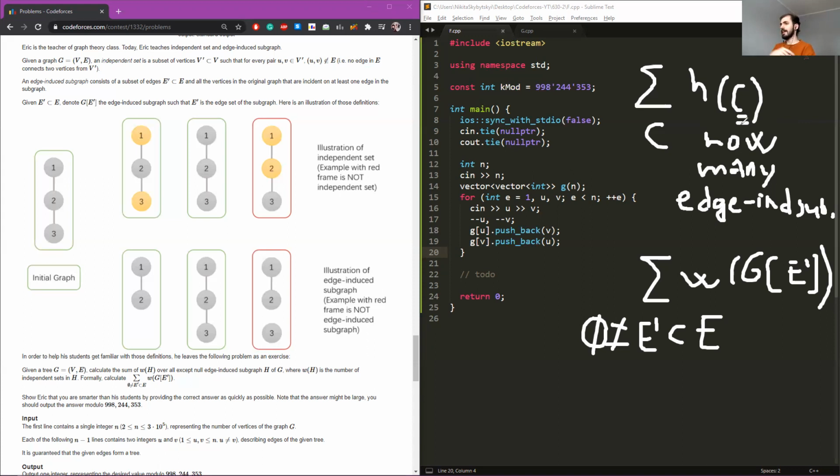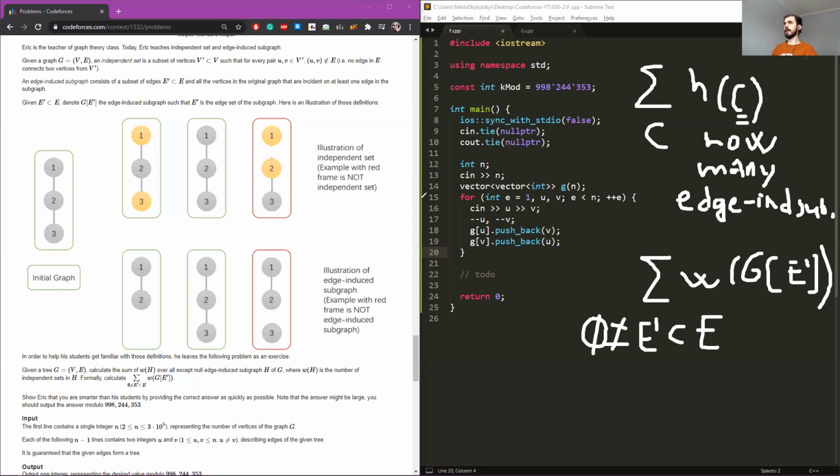Coloring and independent set are interchangeable here because they used coloring to denote independent sets. This coloring, you have to remove this edge, right?